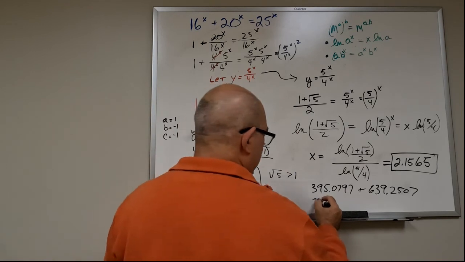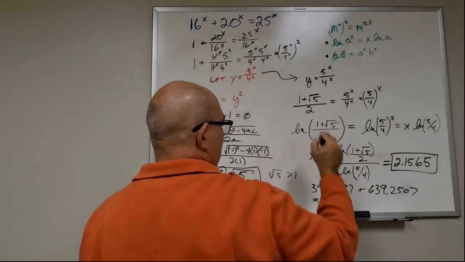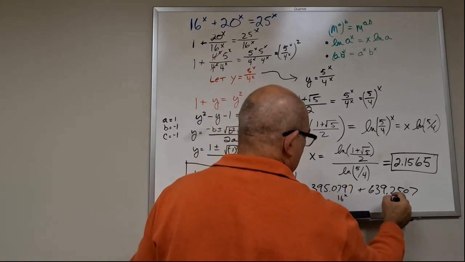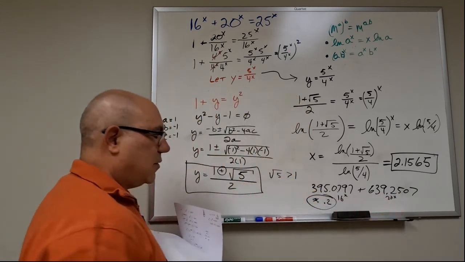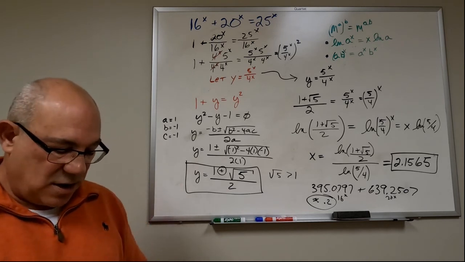I think that's off by about 0.2 from 25 to the x. This would be 16 to the x, and this would be the 20 to the x. I think it comes off by about 0.2. So it's real close. If you go out a few more significant figures, you can get closer.